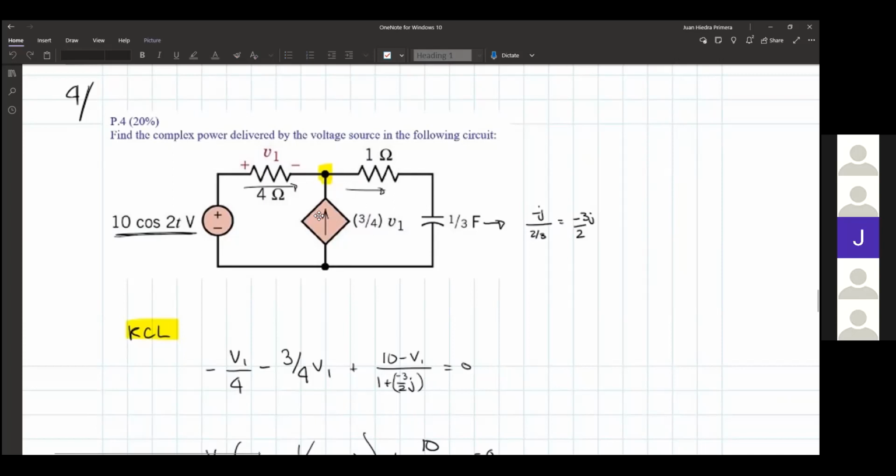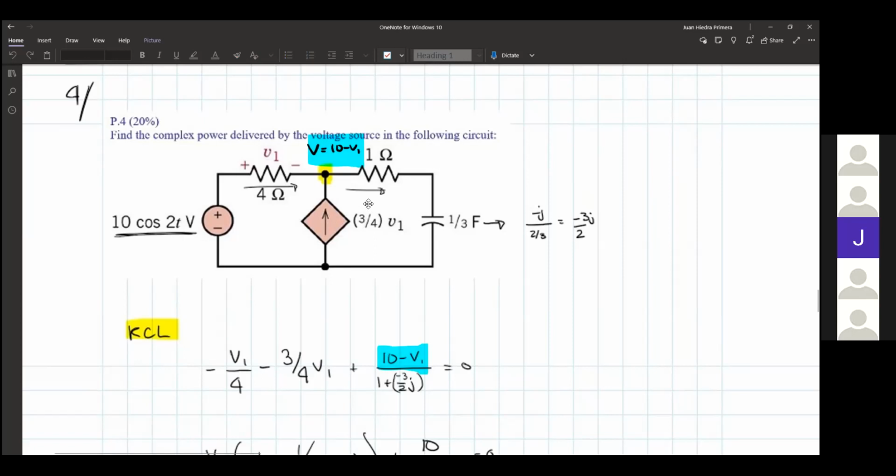So we know that the voltage at this node, just to quickly touch on that, is 10 minus V1, or 10 angle 0 minus V1, because we have 10 angle 0 here. We drop V1 to this node. So the voltage at this node is equal to 10 minus V1, which is the voltage here.